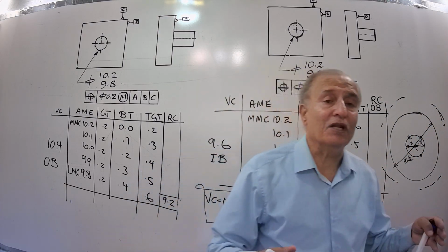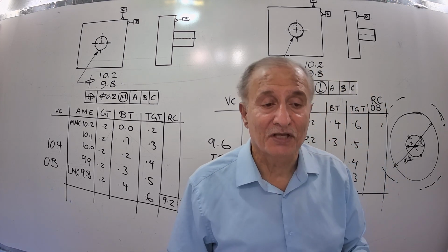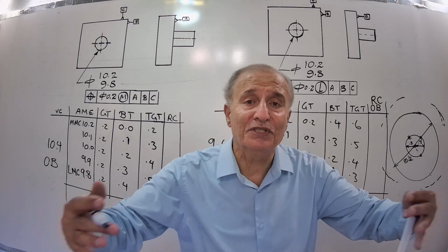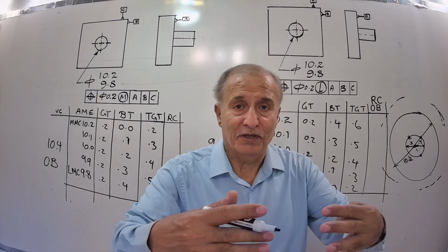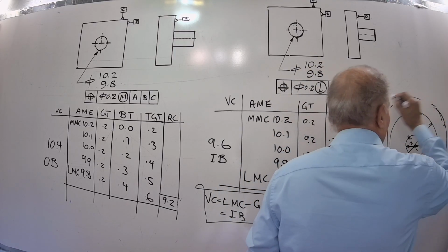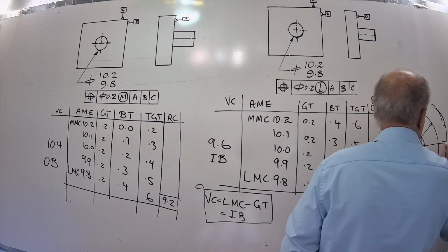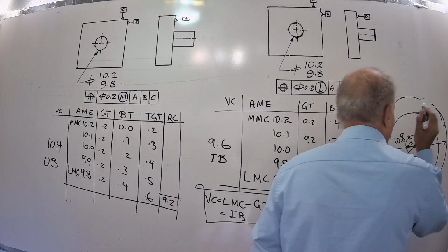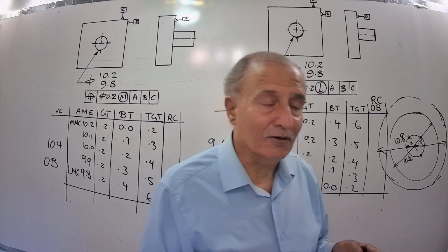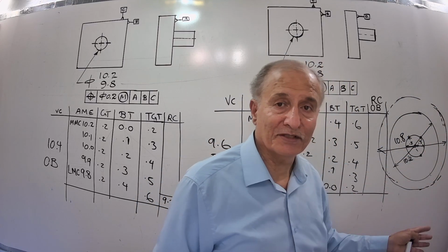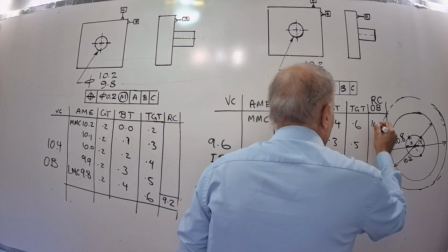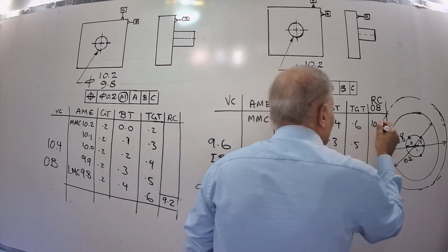Then, if you find the smallest circle that actually circumscribes all these circles, encloses all these circles, the envelope of all these circles, how much is the size? 10.8. 0.3 from each side. Okay? You wanted to include all conditions. This is your resultant condition, and the size is 10.2 plus 0.6, 10.8.